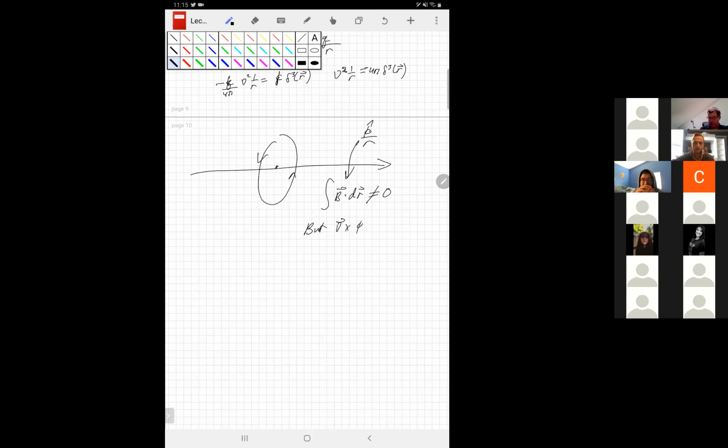But the curl of phi hat over rho was equal to 0. When you took the curl of phi hat over rho, at some point what you actually got was rho times 0 over rho. And 0 over rho, if rho is non-zero, is just 0.